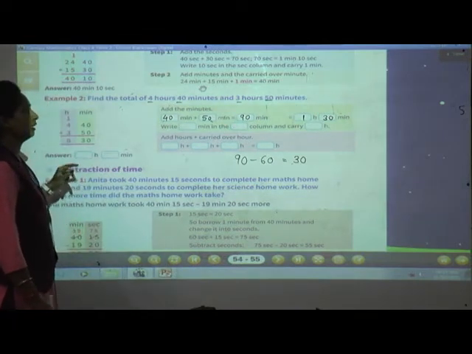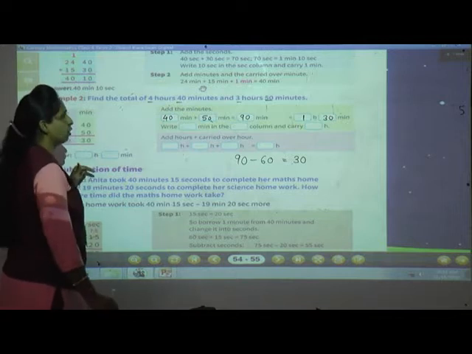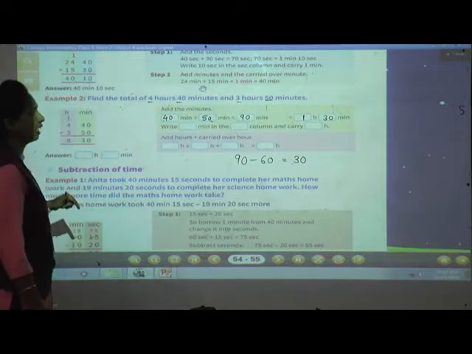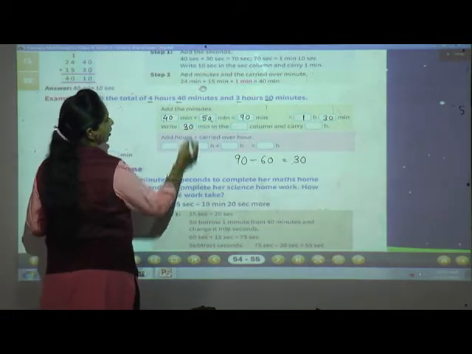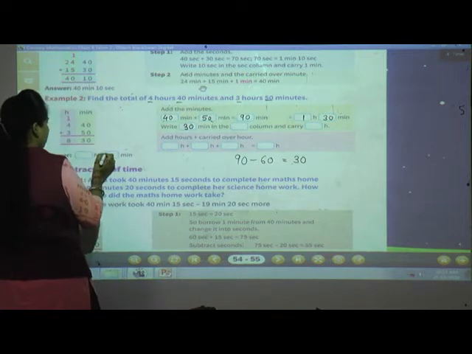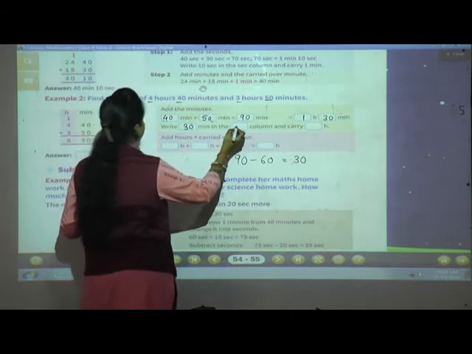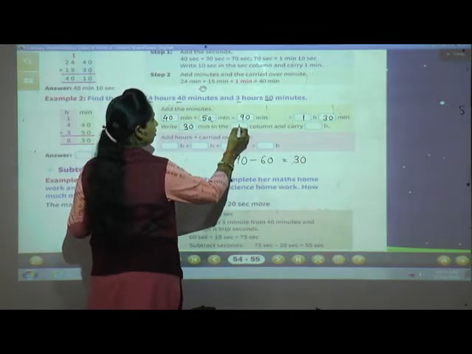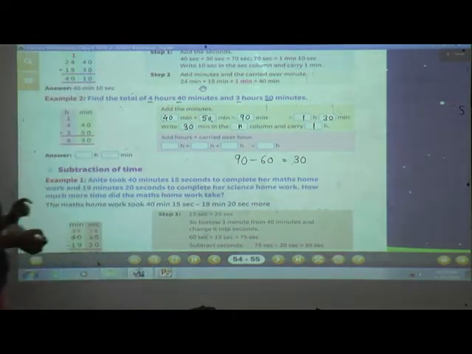So we have to write 30 in the minutes column, and in the hours column we have to carry 1 hour, isn't it?